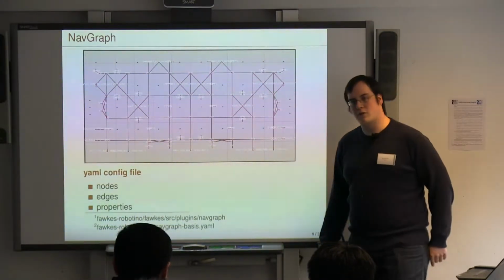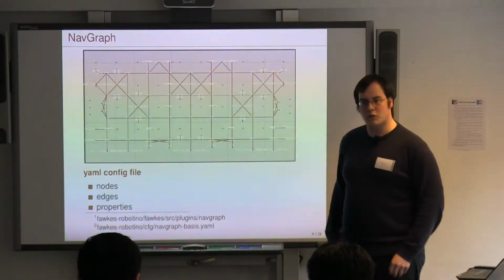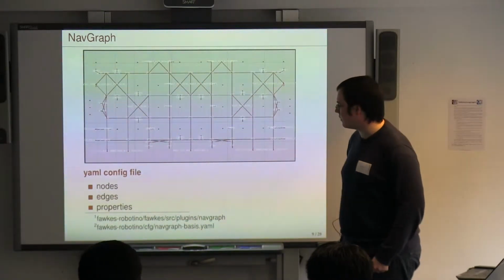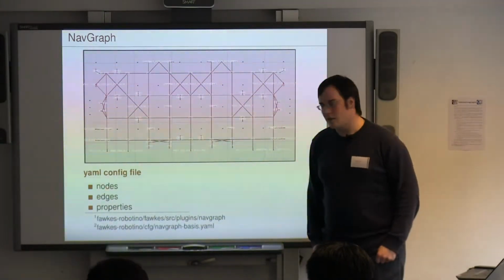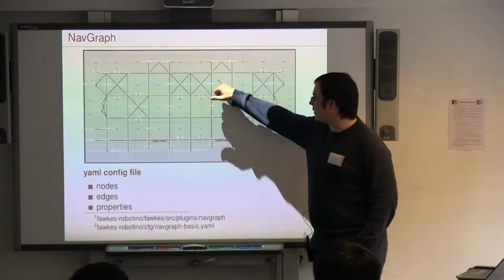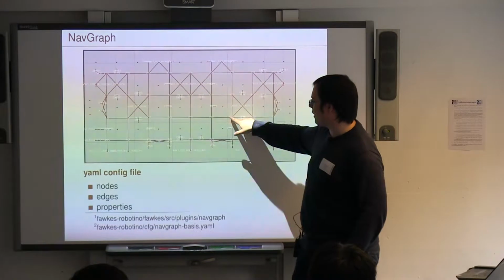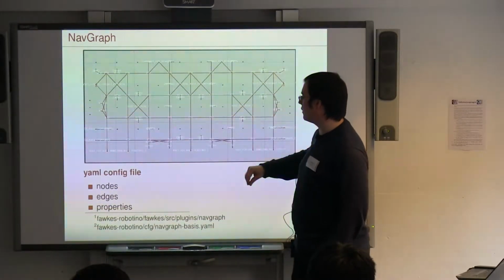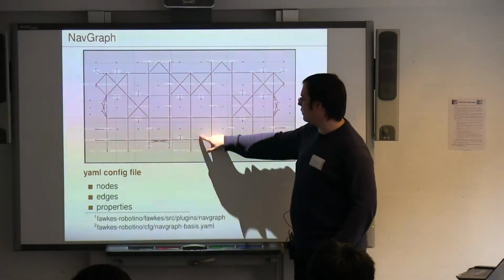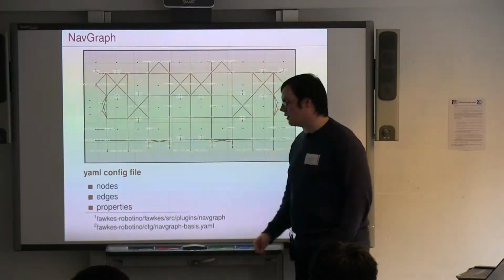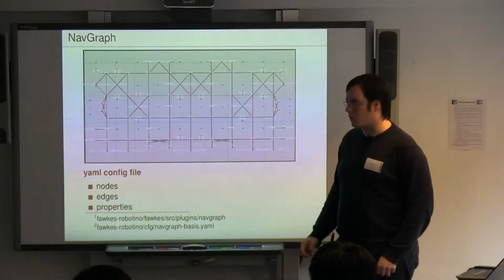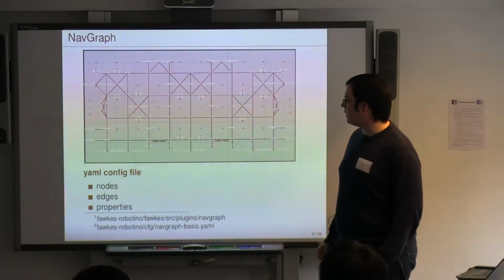Furthermore, nodes have properties. The most common property is the orientation. All the nodes on what we call the highways, which are just there to drive in between the machines, typically don't have orientation. But the nodes facing towards the machine do normally face in the direction of the machine.